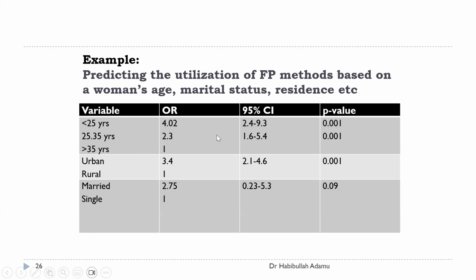So there is statistically significant association between age and utilization of family planning. That means this observation that those who are less than 25 years old are 4 times more likely to use family planning is statistically significant. So this is when you use p-value. 95% confidence interval can also be used.